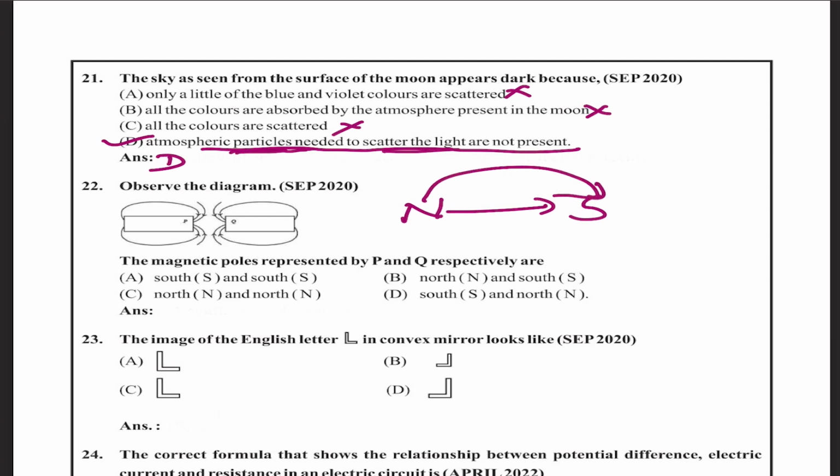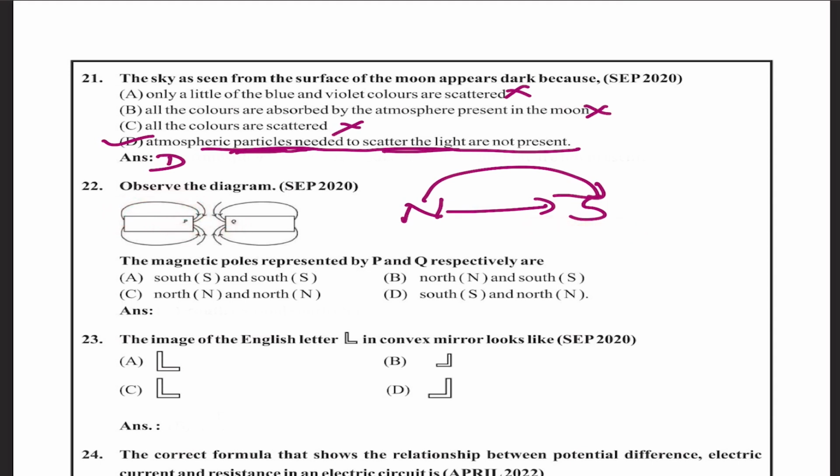If we observe the diagram, we can see that near the pole P, the magnetic field lines are emerging from the pole that is opposite to P. They are emerging here and they are getting merged here. They are traveling from this pole and they are merging here near pole P, which happens in south pole. Now coming to Q.